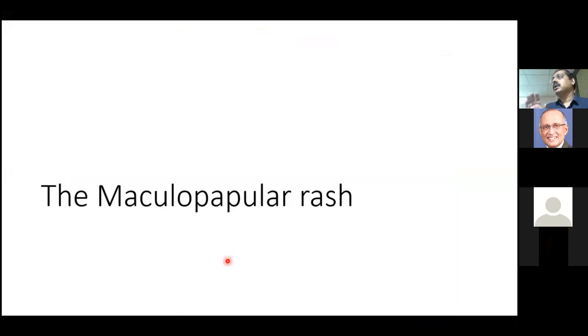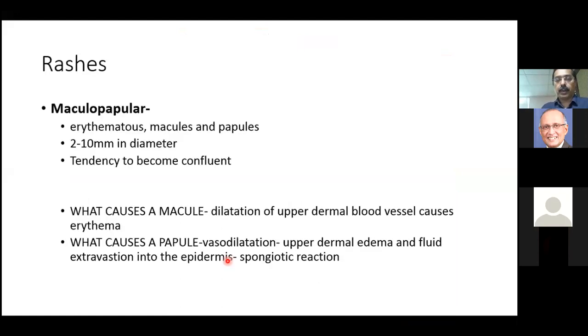Now coming to maculopapular rash proper. They are erythematous macules and papules which are 2 to 10 millimeters in diameter, and they have a tendency to become confluent because adjacent parts of the vascular network get involved. As I mentioned, a macule is a dilatation of the upper dermal blood vessels which causes an erythema.